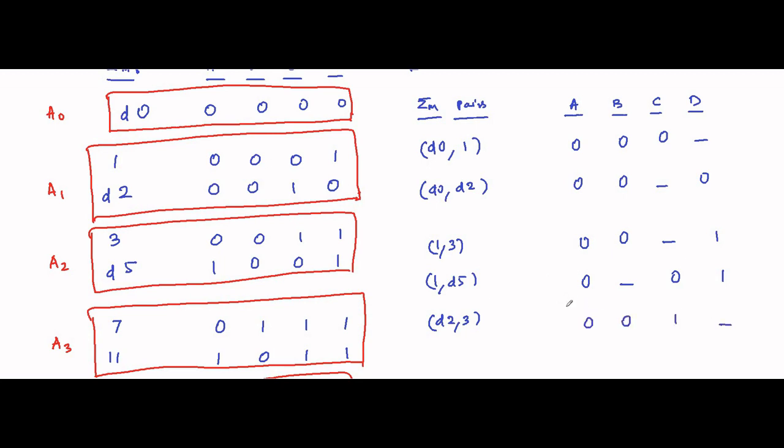These are the minterm pairs existing between groups A1 and A2.